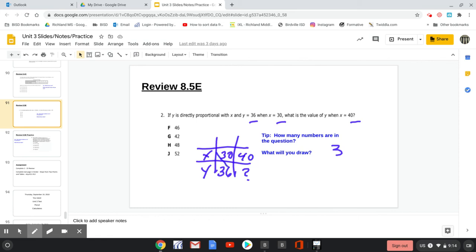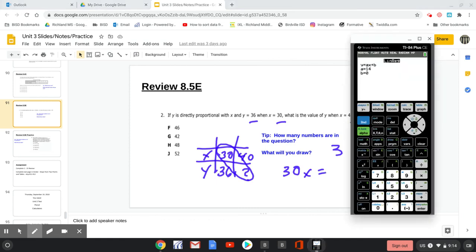So let's solve by cross multiplying. So we have 30x equals, let's see the calculator, and 40, hit second, quit. Now we're going to see 40 times 36 gives me 1440.